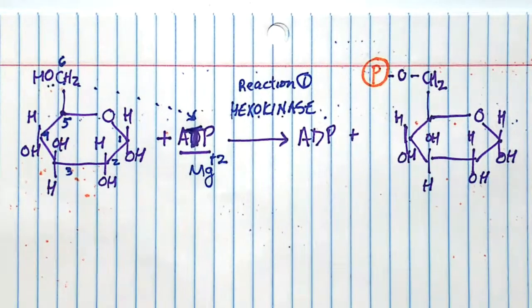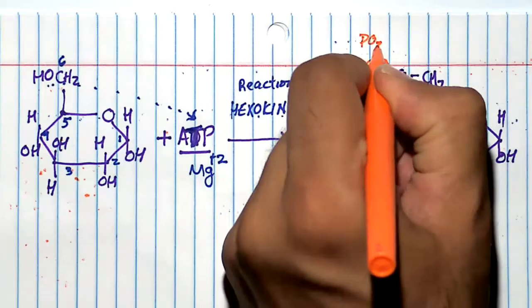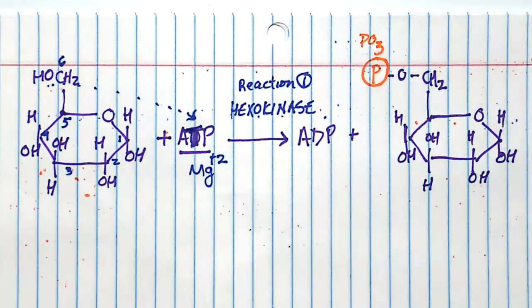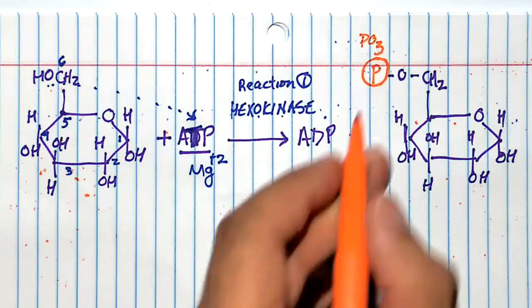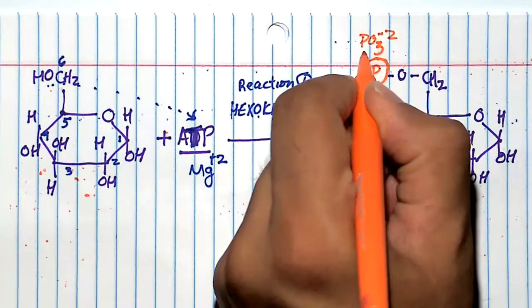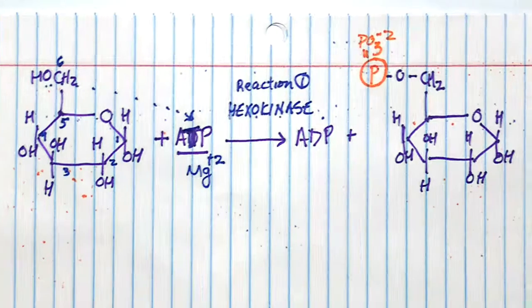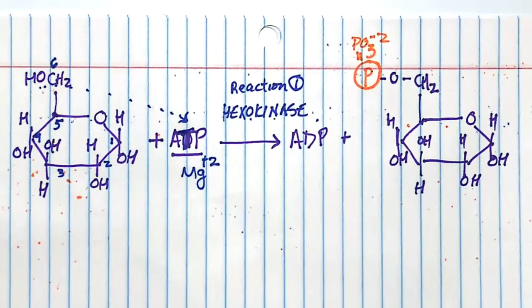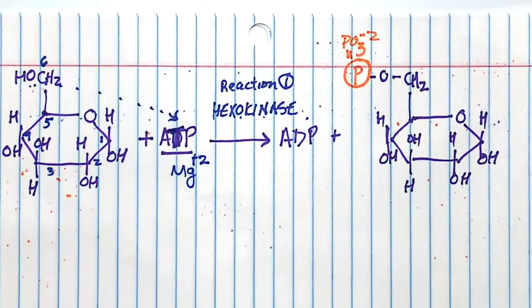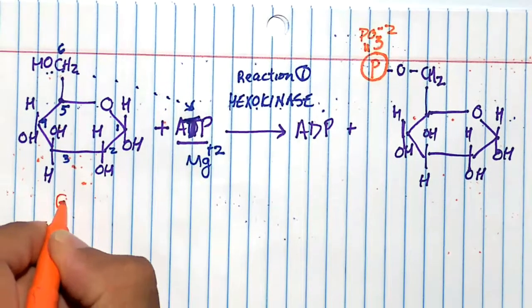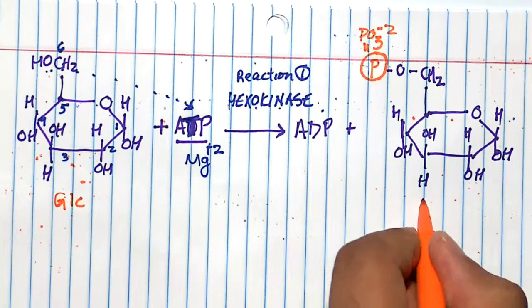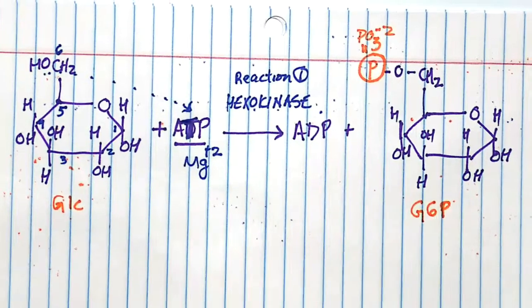Okay, this phosphate P is actually PO3 minus 2. So here we have the first reaction in glycolysis. As catalyzed by hexokinase, glucose gets converted to G6P, glucose 6-phosphate.